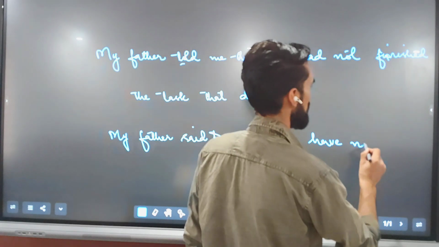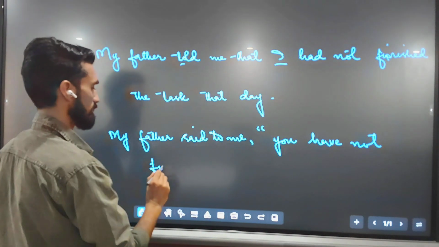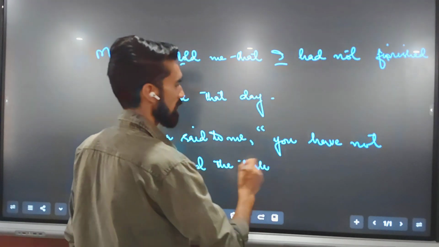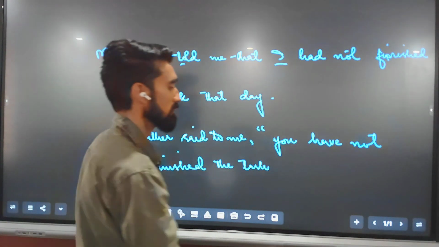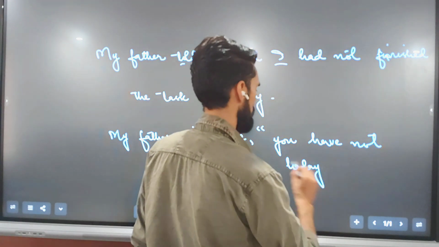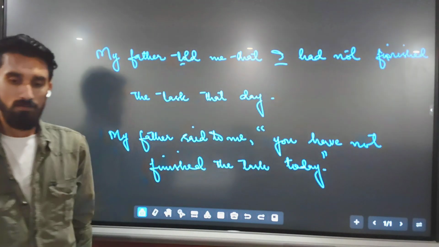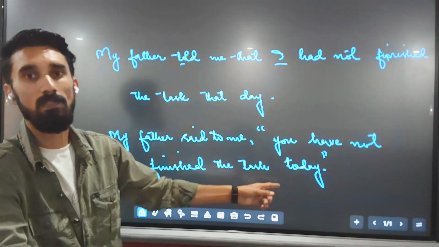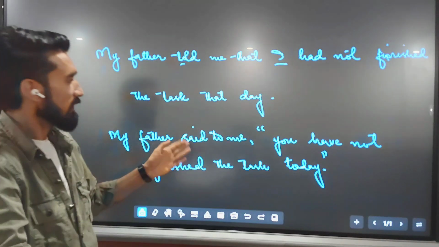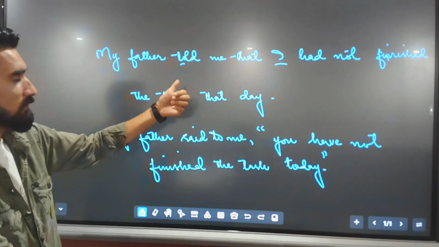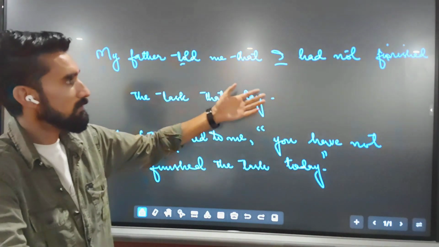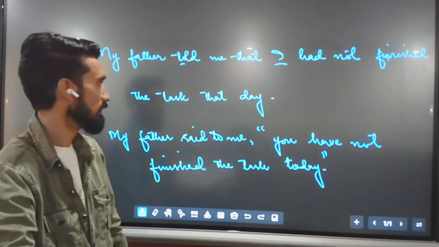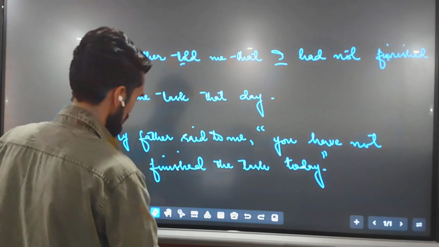You have not finished the task. And that day will change into today. And put an inverted comma here and a full stop, because this is an assertive sentence. My father said to me, you have not finished the task today. And now, when it is changed into indirect speech, it will be like this. My father told me that I had not finished the task that day.